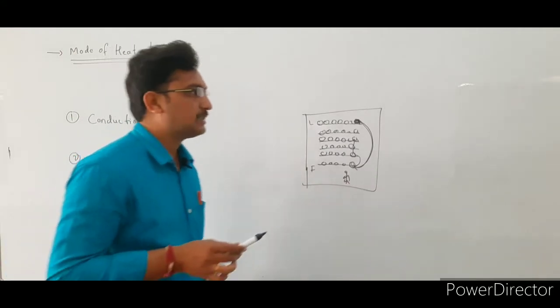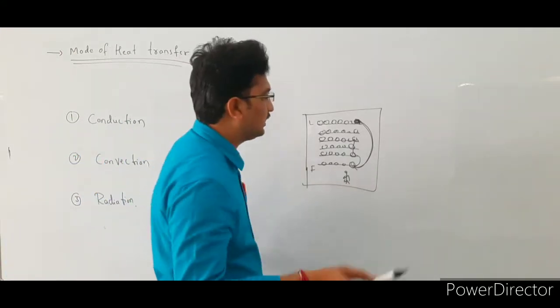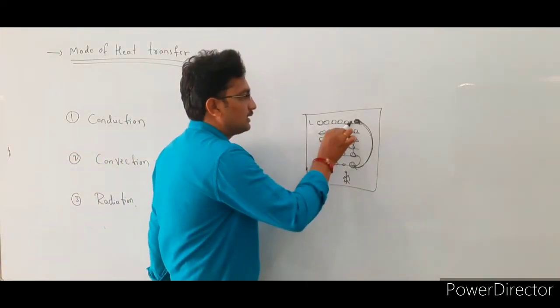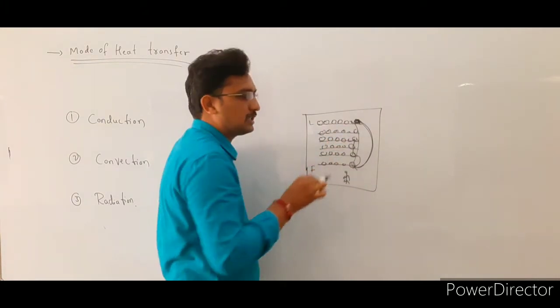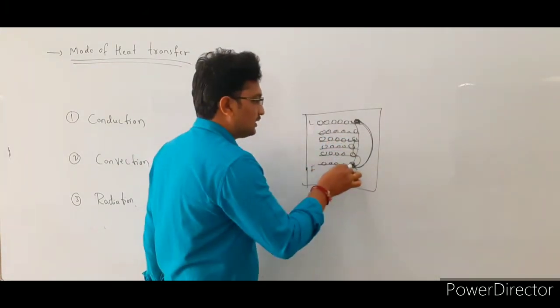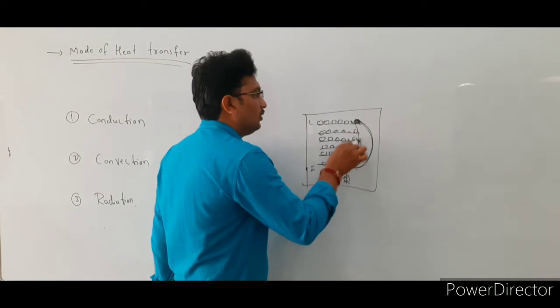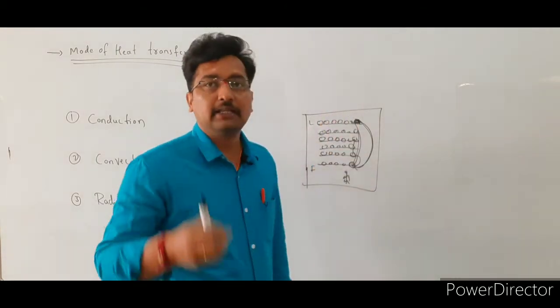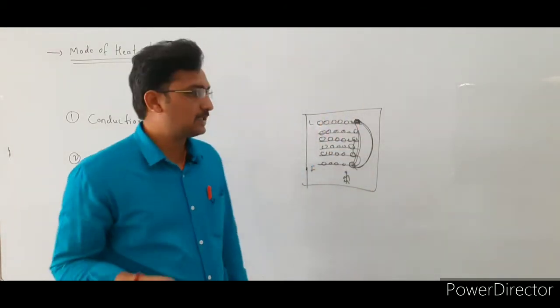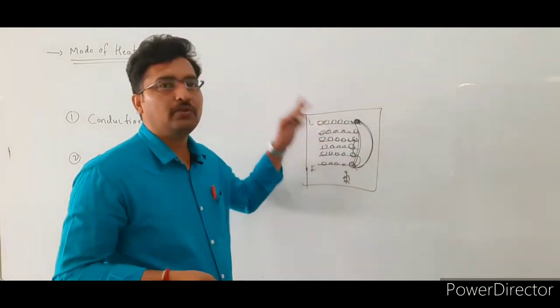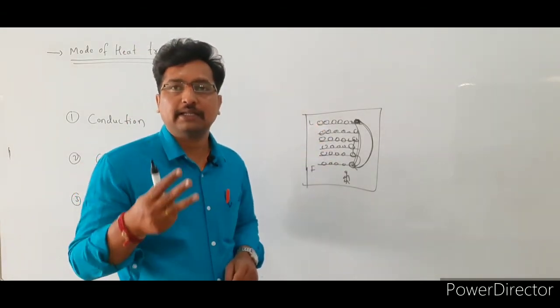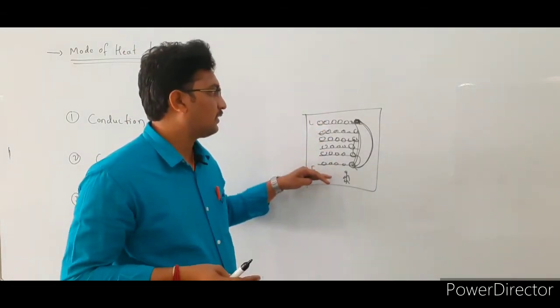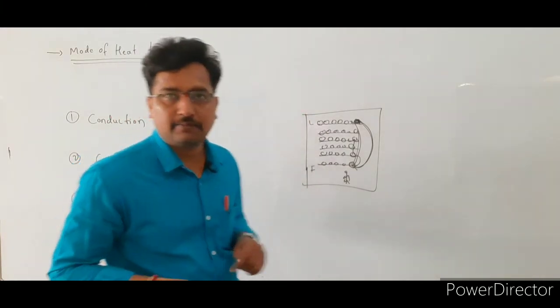And the third possibility, this person throws this pen to the last person, or the last person throws this pen to the first person. In three different ways, the pen is transferred from first bench to last bench.